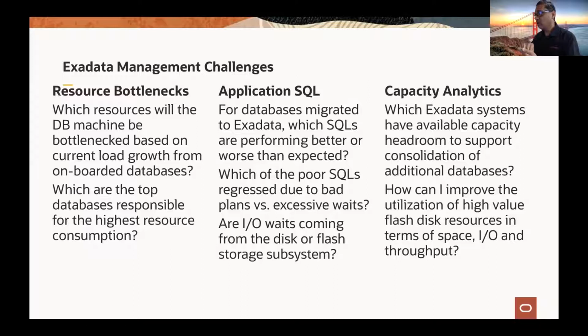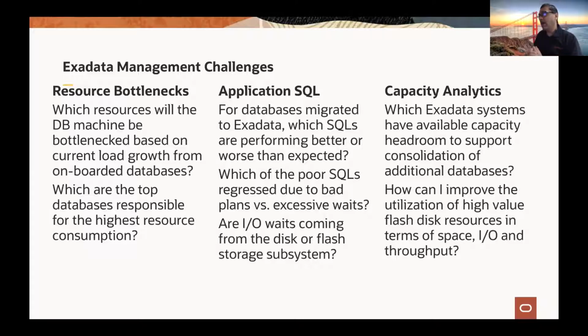Or based on your current load growth for existing databases, when am I going to hit a bottleneck, do I have enough capacity, or which workloads, which databases are responsible for the highest resource consumption growth? On the other hand, from a performance perspective, you would want to know which are your best performing SQLs and which are your worst performing SQLs, both at the same time, right? Or did your SQLs regress due to bad plans versus just simply excessive waits for some underlying root cause?